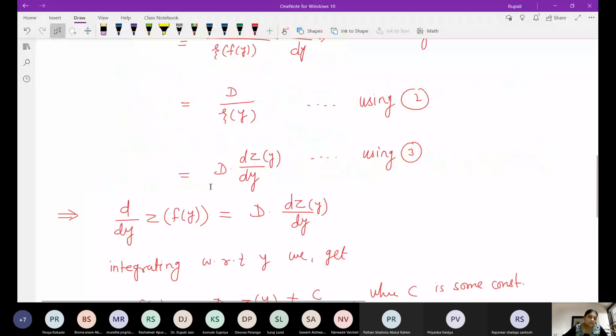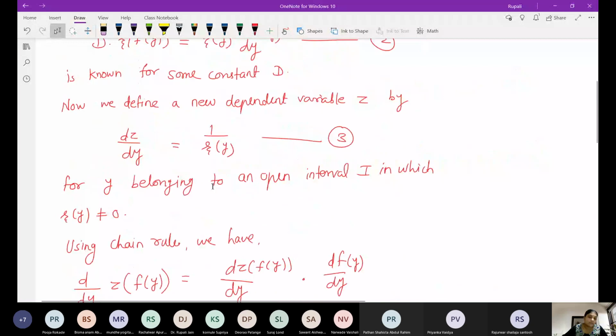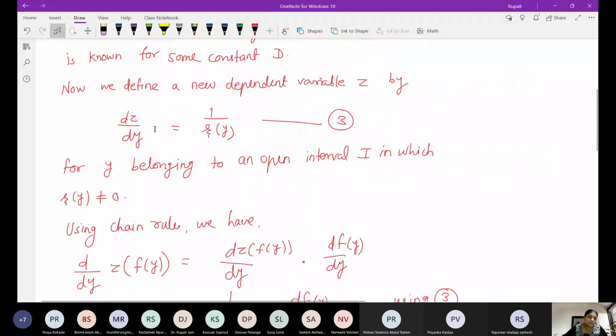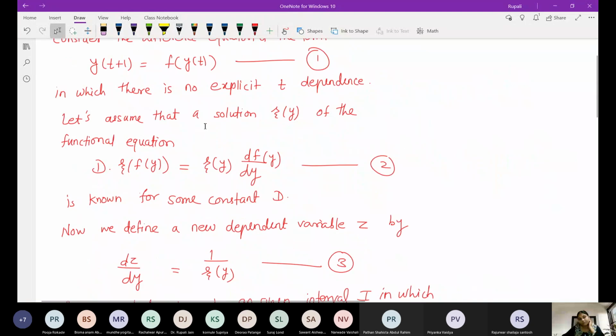We have used here a change of dependent variable, a new dependent variable defined by dz by dy equal to 1 upon xi y, where xi y is a solution of this functional equation. Is that okay?